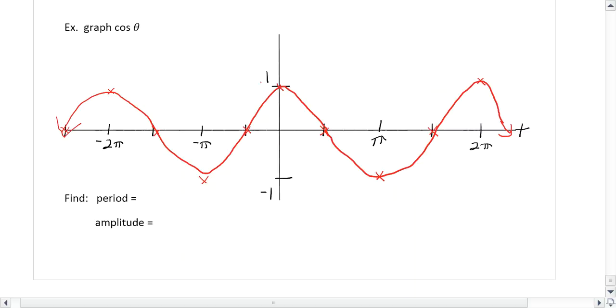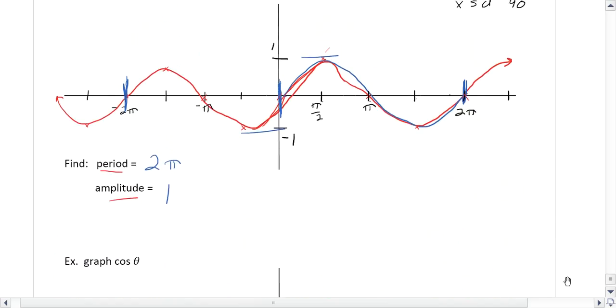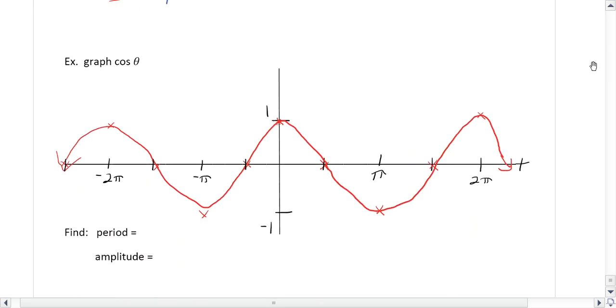And if you'll notice, at 0, cosine is 1. So the cosine will cross at +1. And if you look at your sine wave, the sine of 0 degrees is 0. So a sine wave will always cross the origin. That's a quick, easy way that I use to identify if it's a sine or cosine.